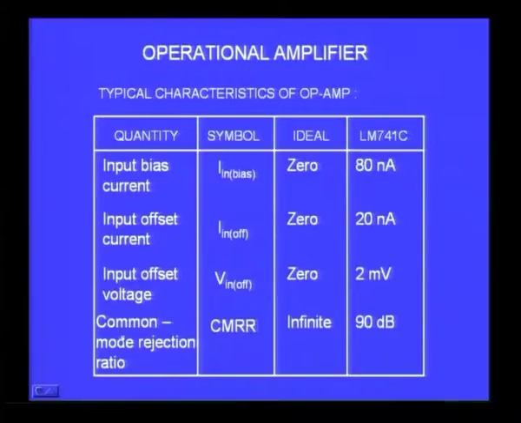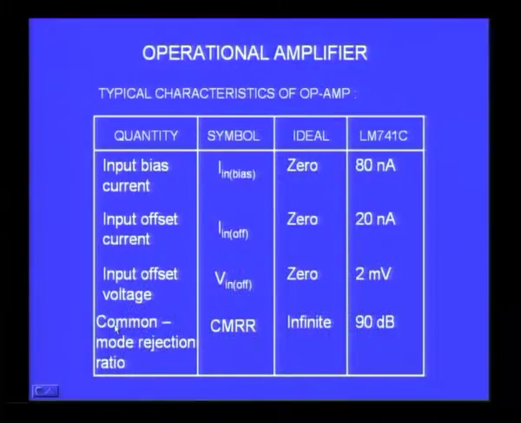And the common mode rejection ratio, we discussed this in some detail when we discussed differential amplifiers. The common mode rejection ratio is the ability to distinguish between common signals and differential signals at the input of any difference amplifier. The op amp input stage being a difference amplifier, we have to worry about its common mode rejection ratio, and ideally it should be very large, CMRR infinity, and in an actual case it should be 90 dB.